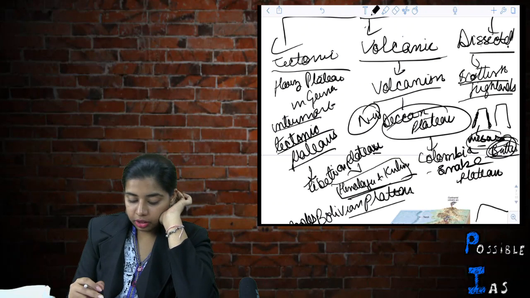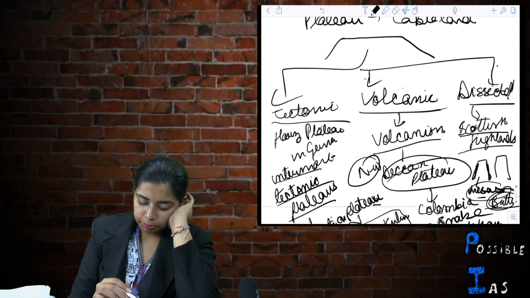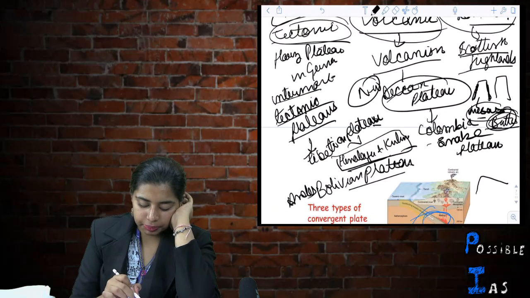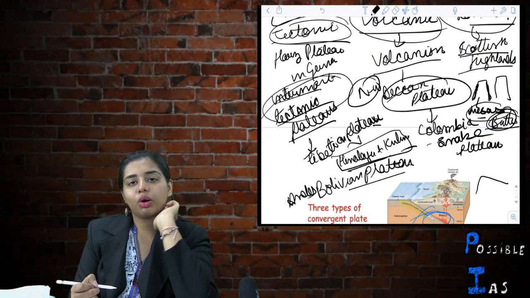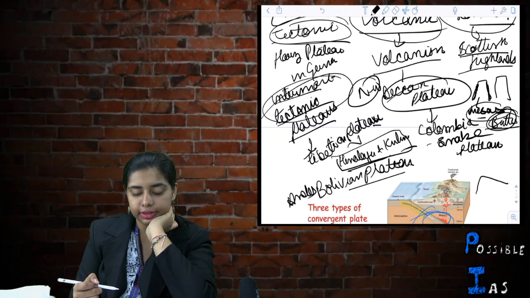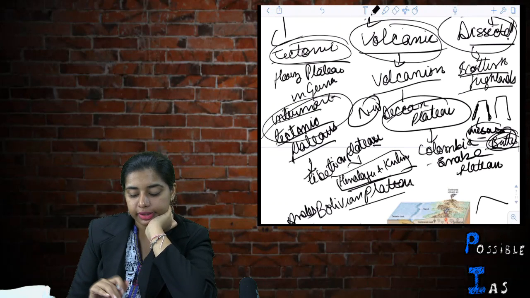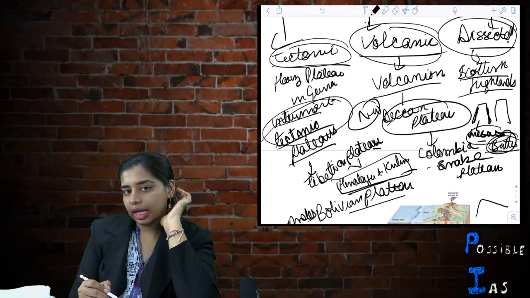Okay, so now in plateaus, we have tectonic plateaus, volcanic plateaus, and dissected plateaus. Among volcanic plateaus, examples are the Columbia plateau.